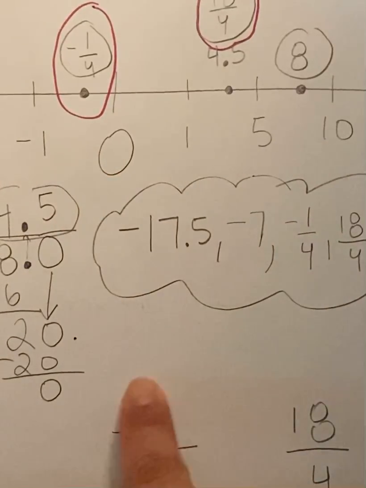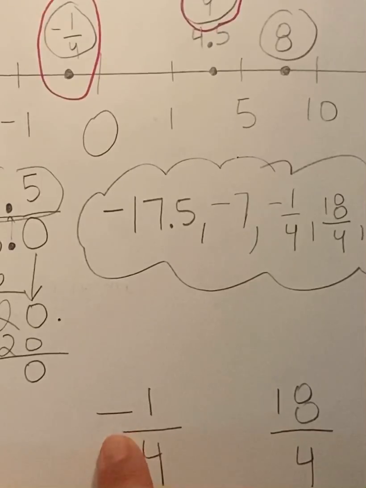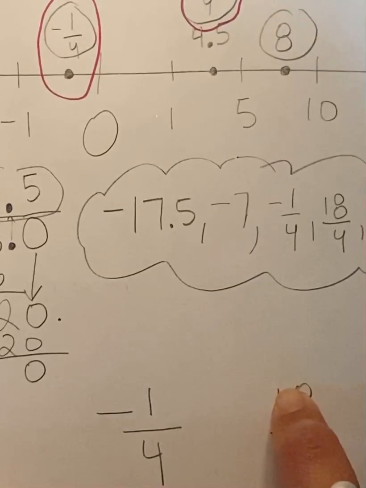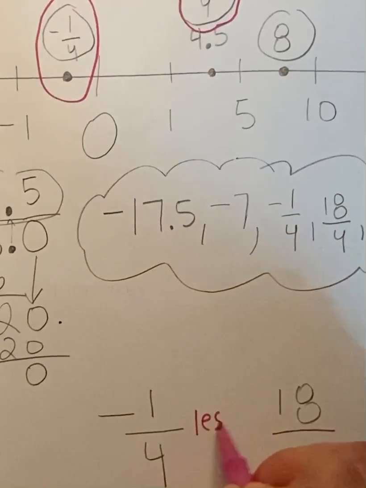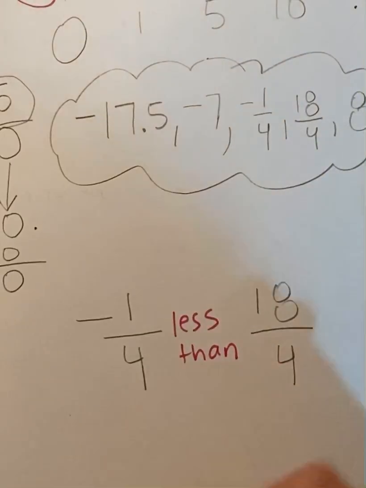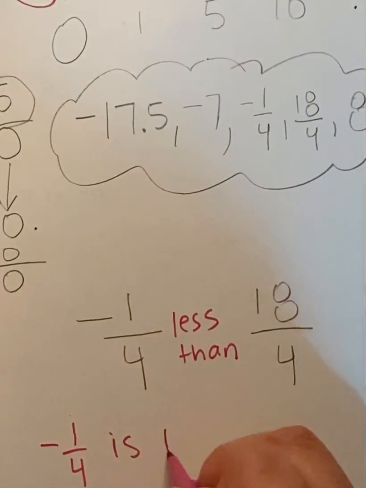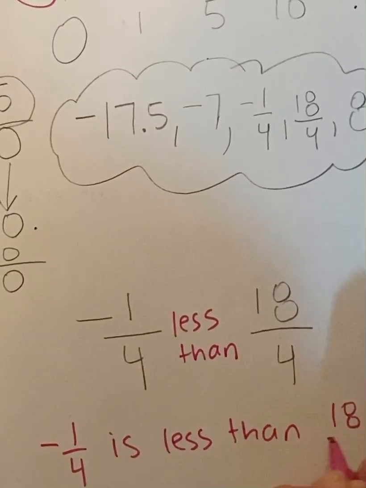So therefore, whatever kind of form it's in, that negative number is already less than that positive number. So right here, I can write in less than. This helps me write my sentence now. Negative 1/4 is less than 18/4.